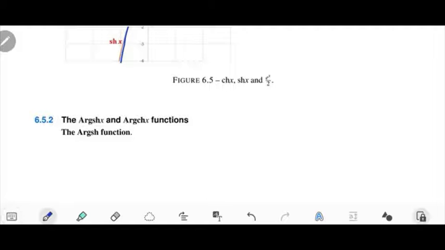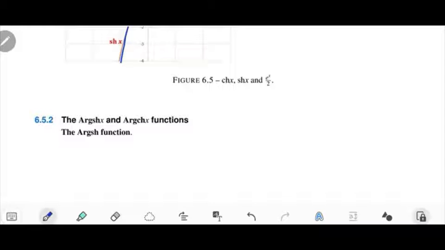Now, since sh x is a strictly increasing and differentiable function, then it has an inverse function. And since ch x is strictly increasing from 0 to plus infinity, then it has also an inverse function on this domain, and we will define now these inverse functions.